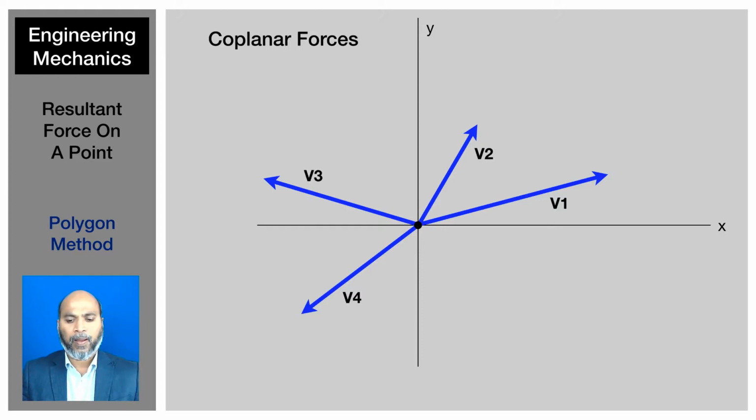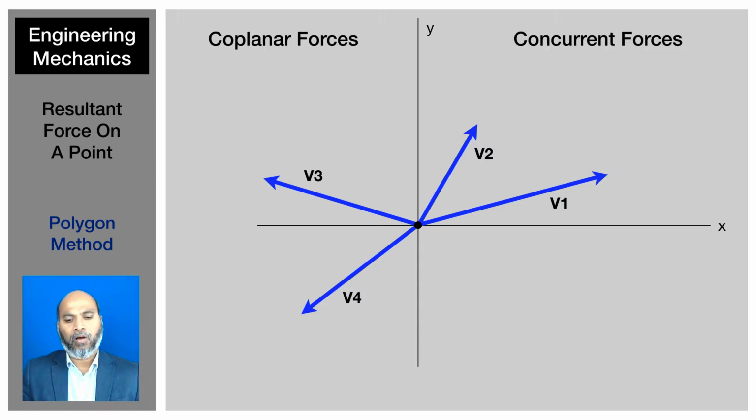Here the plane is the XY plane. There are systems in 3D where the forces are not all in a single plane, so they are not coplanar. Here, they are all flat in a single plane XY. Therefore, they are coplanar.